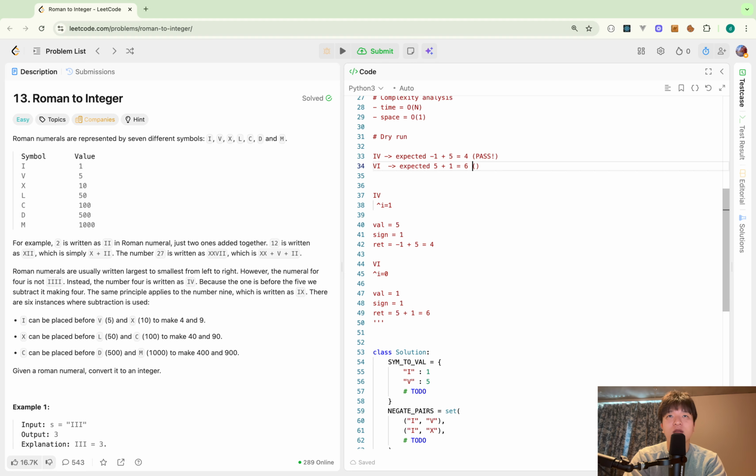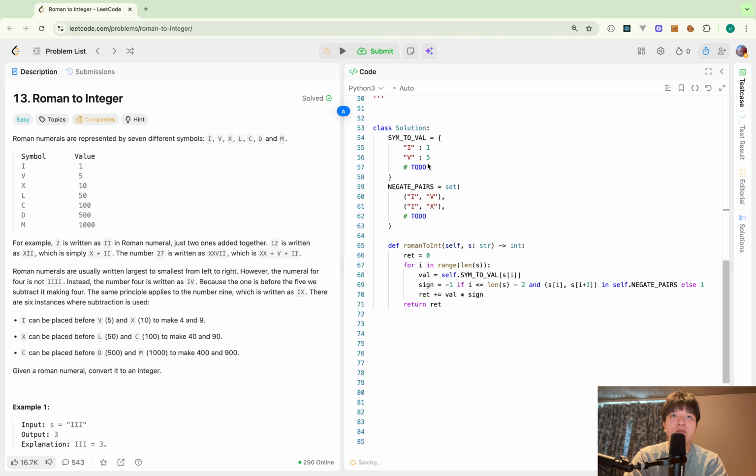Okay, so I'm pretty confident in my code. Let me quickly finish the hash map and negate pairs and submit.